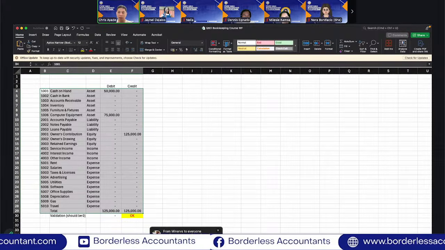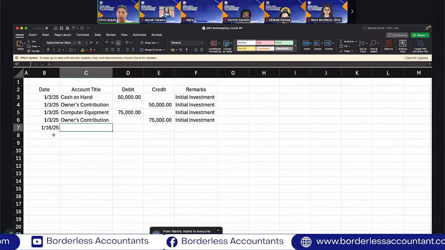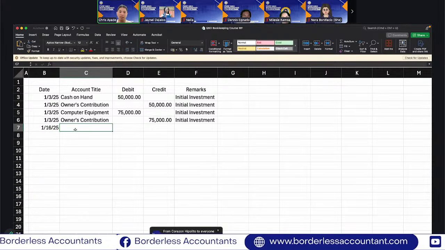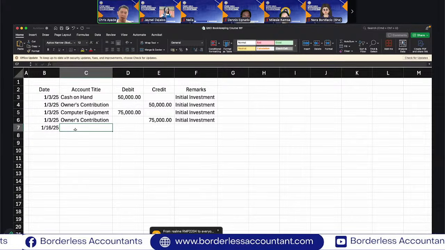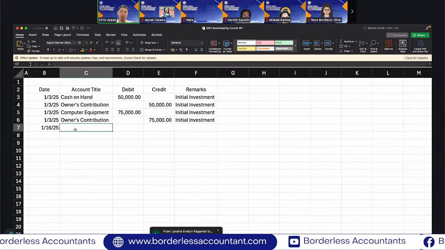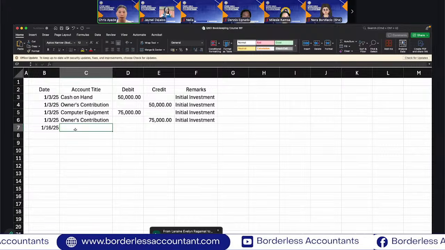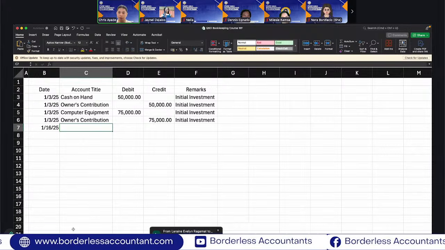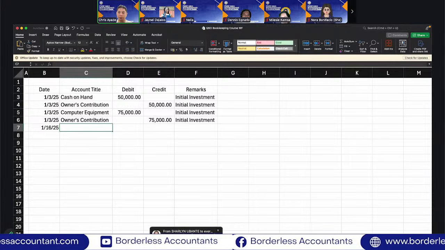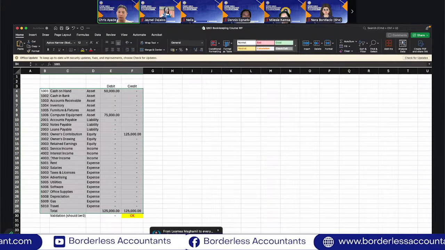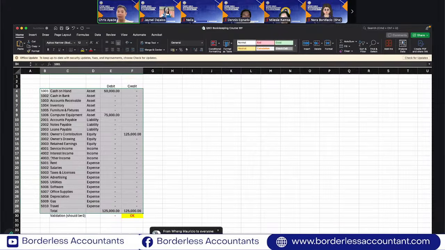So sa situation na to, on January 16, you sent your client your very first invoice. Okay? Kasi nag-render ka na ng bookkeeping service sa kanya. The amount is 5,000. So now you want to know how will you record that in your books. Right? So you refer to your chart of accounts. Ano yung pwede mong i-debit doon?